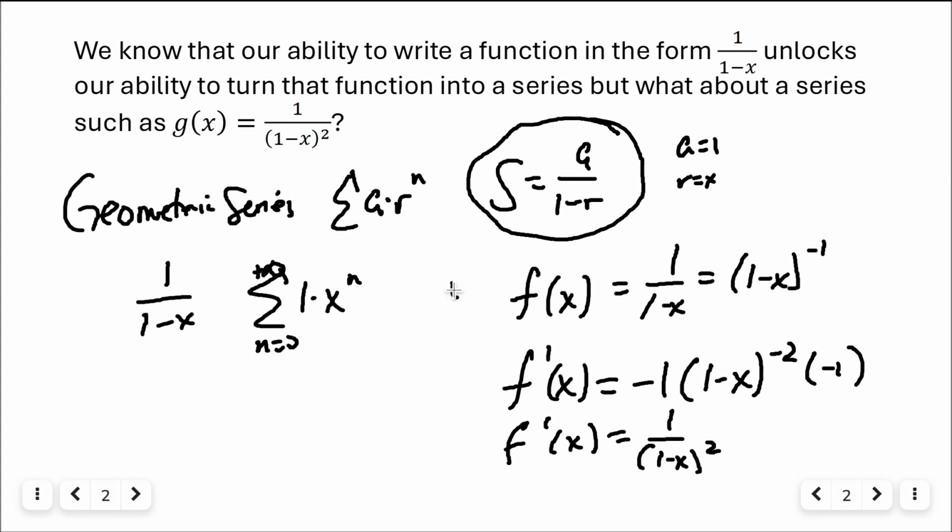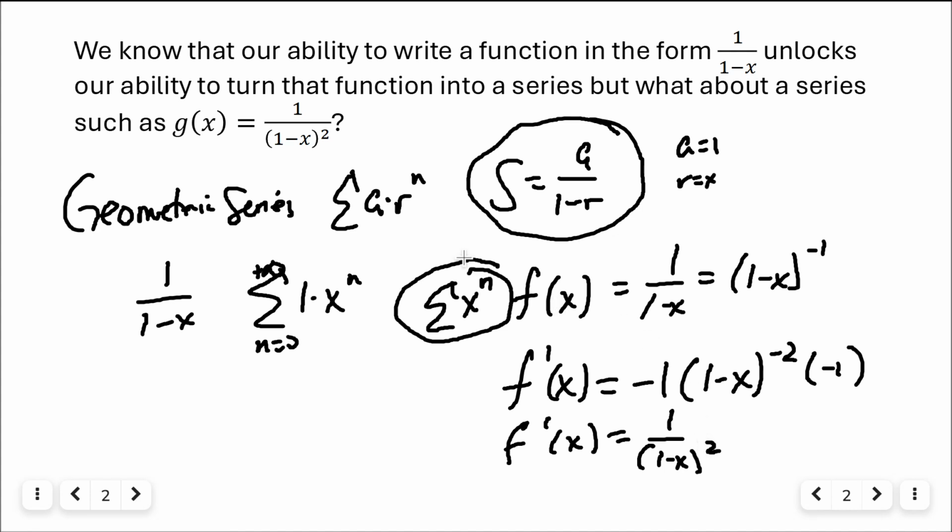If I know that there's a series for f of x called the sum of x to the n, and I want a series for g of x, which is 1 over (1 minus x) squared, how could I take this series and write the series for it? Well, if I derive 1 over 1 minus x, I get 1 over (1 minus x) squared.